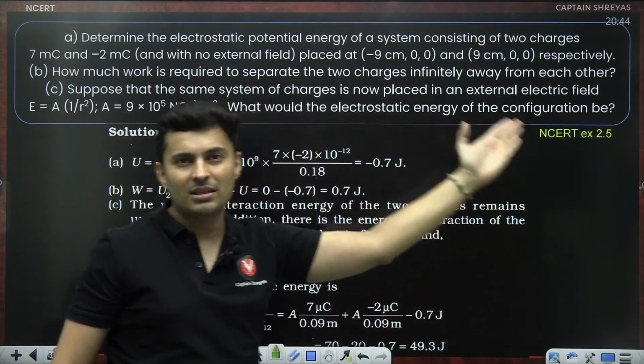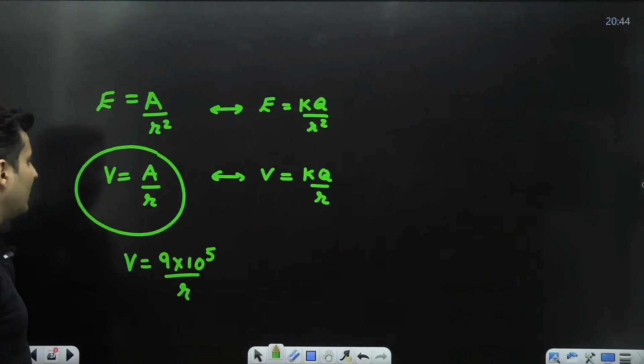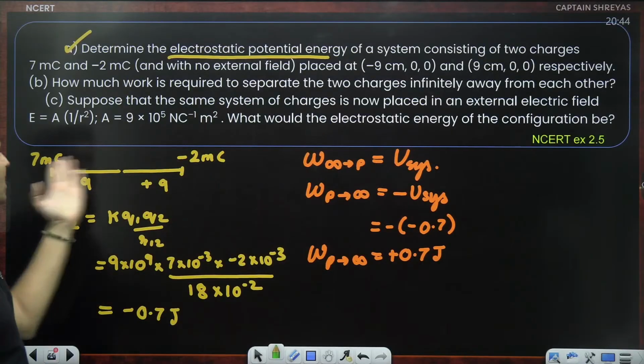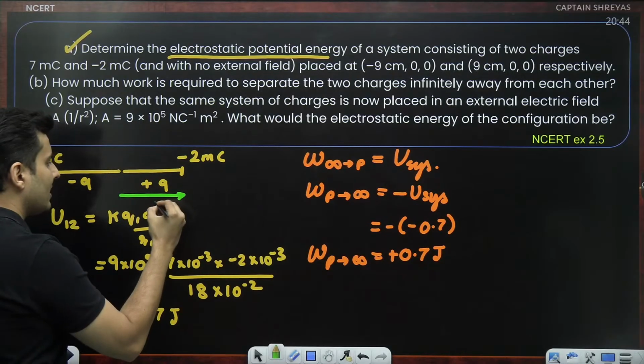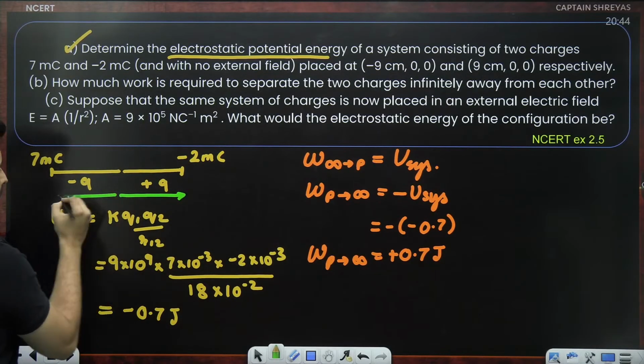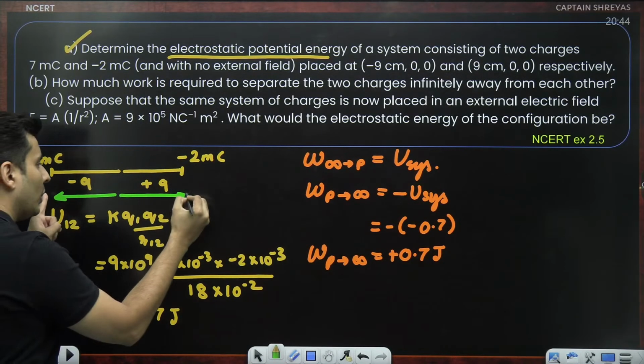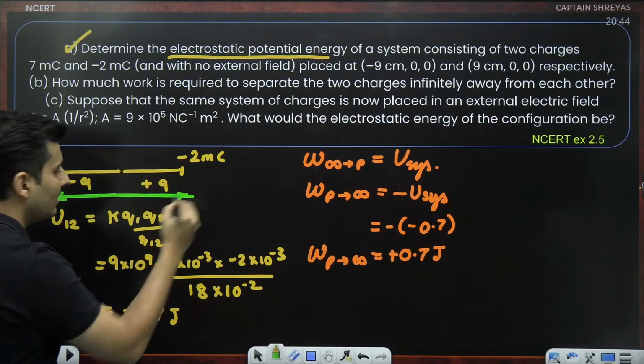Distance matters; whether the charge is positive or negative does not matter for potential. As long as R is the same, 0.09 meters, the potential at this point and this point will be the same.